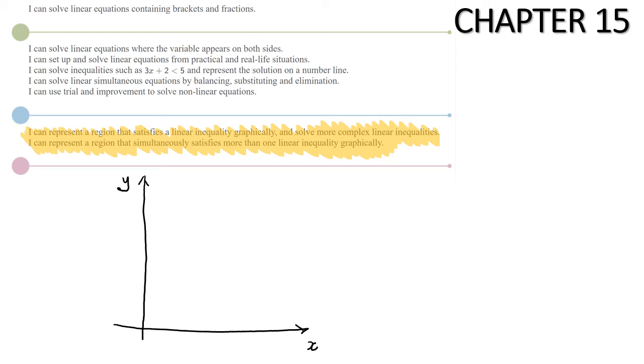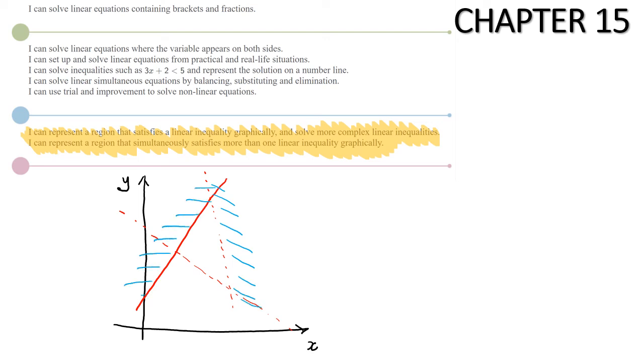You'll plot some lines. Some of those lines may have a dotted line to them. Some of them may have a straight line like this, or a solid line like that. And normally what happens is we do some shading like this. We're shading off some bits, and often what you're left with is a bit in the middle which we label as R, and R stands for region.